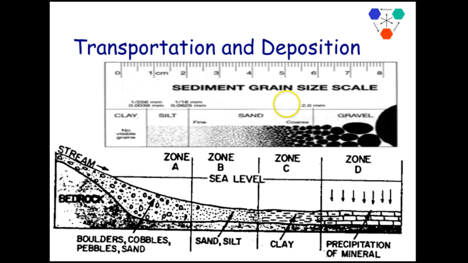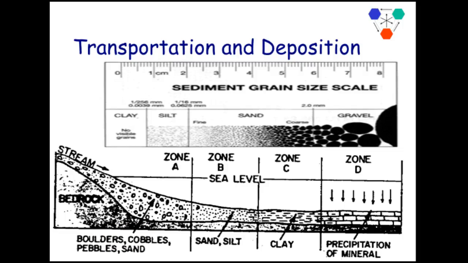Now gravel includes what you see down here: pebbles, cobbles, and boulders. So get those in your notes. So clay, then silt, then fine sand, coarse sand, and then gravel, which includes pebbles, cobbles, and boulders. Get those in your notes.